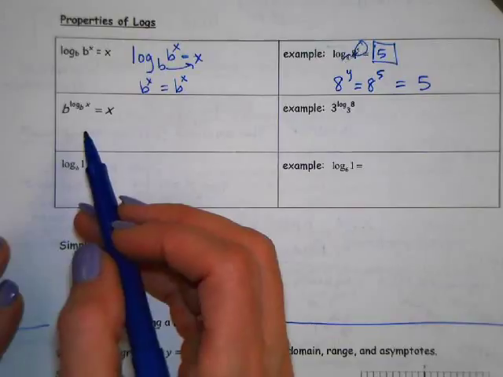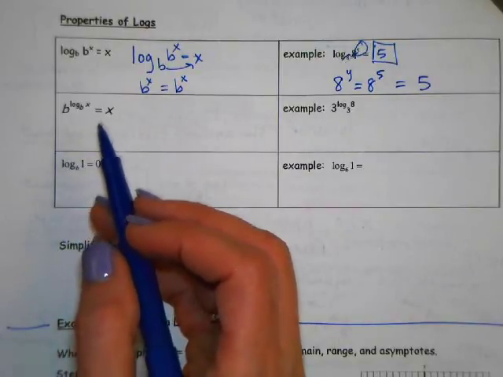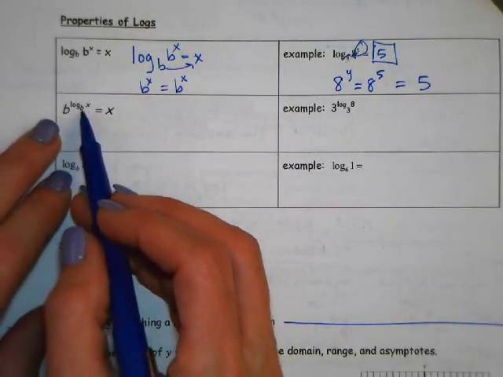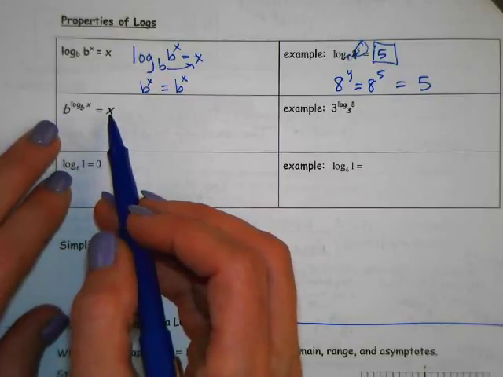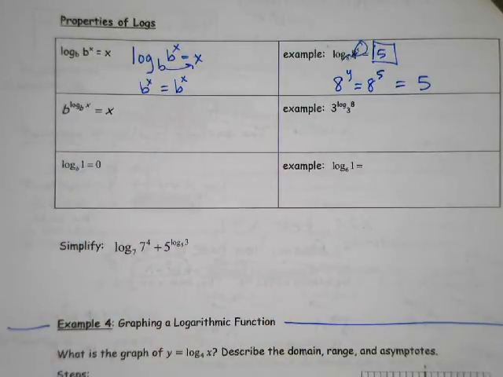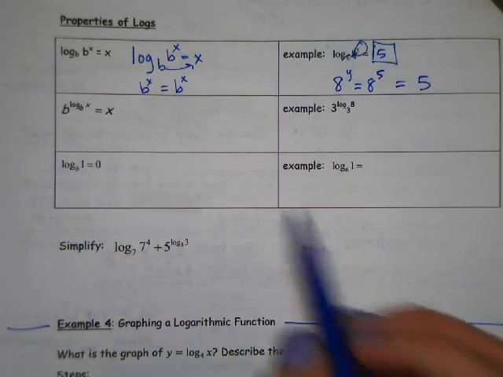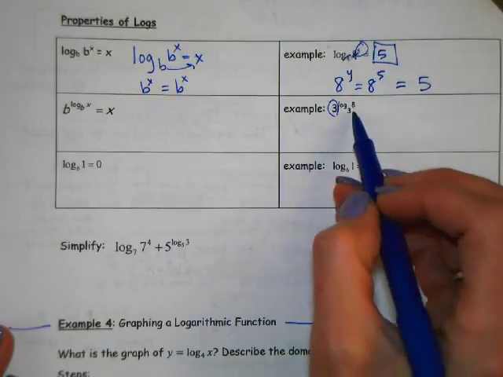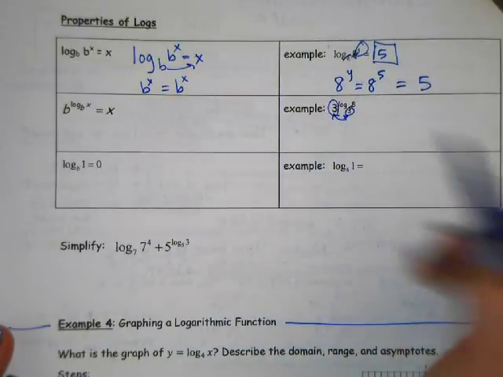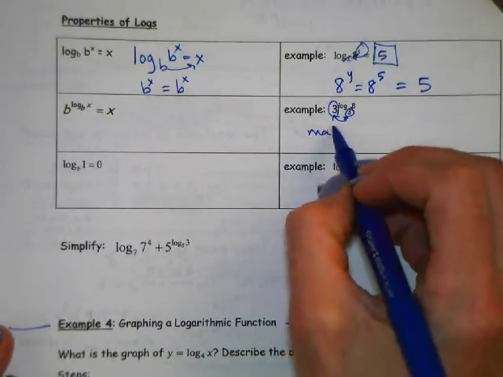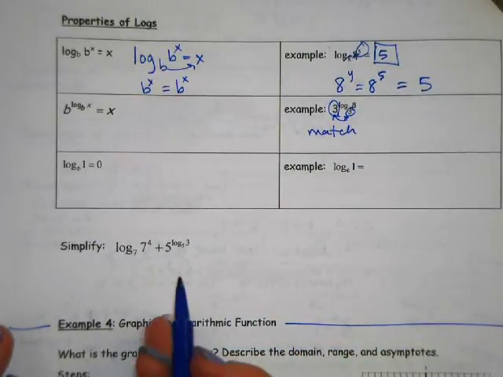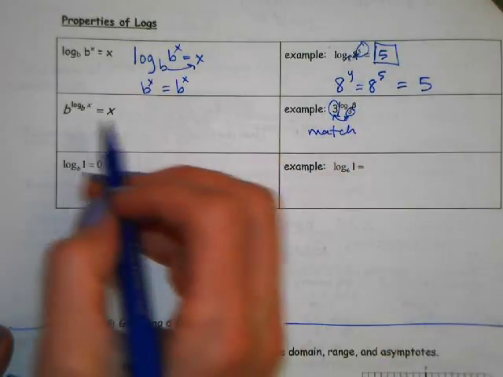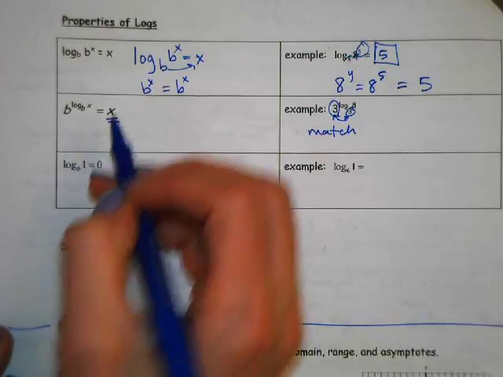Okay. Here's another property. When I have what's called b to the log base b of x equals x, okay? If you notice here, these match, like this matches right here. Okay, see how they match? What's your guess of what the answer equals? Well, here it tells you it equals whatever your x value is. Well, what's my x value?